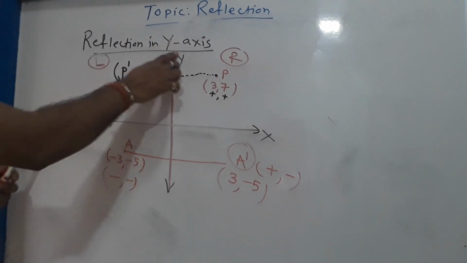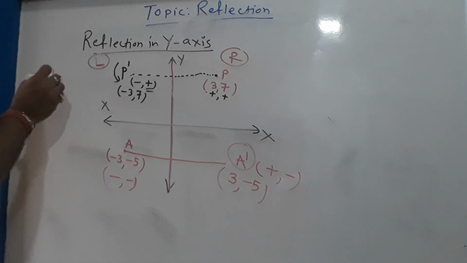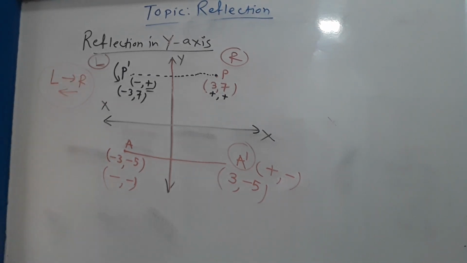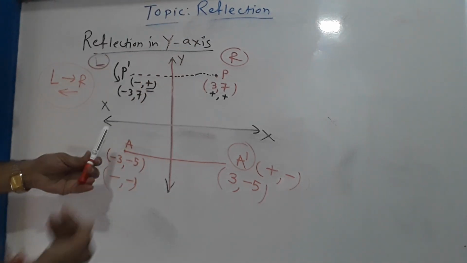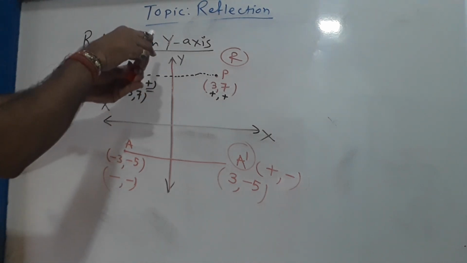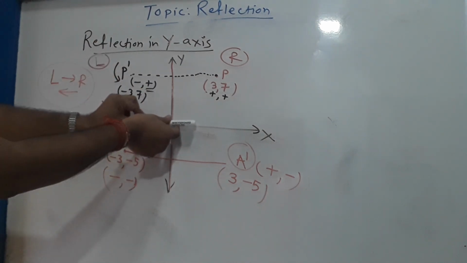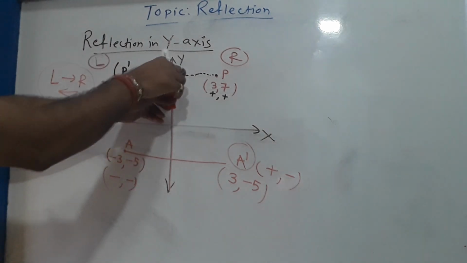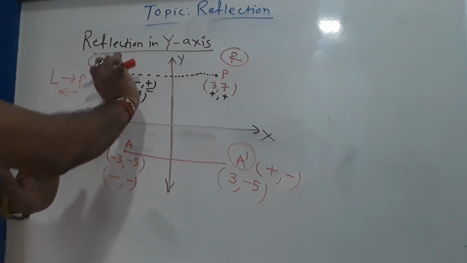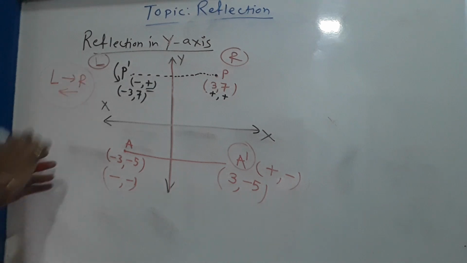So reflection in y-axis: left to right, right to left. Reflection in x-axis: up to down, down to up.